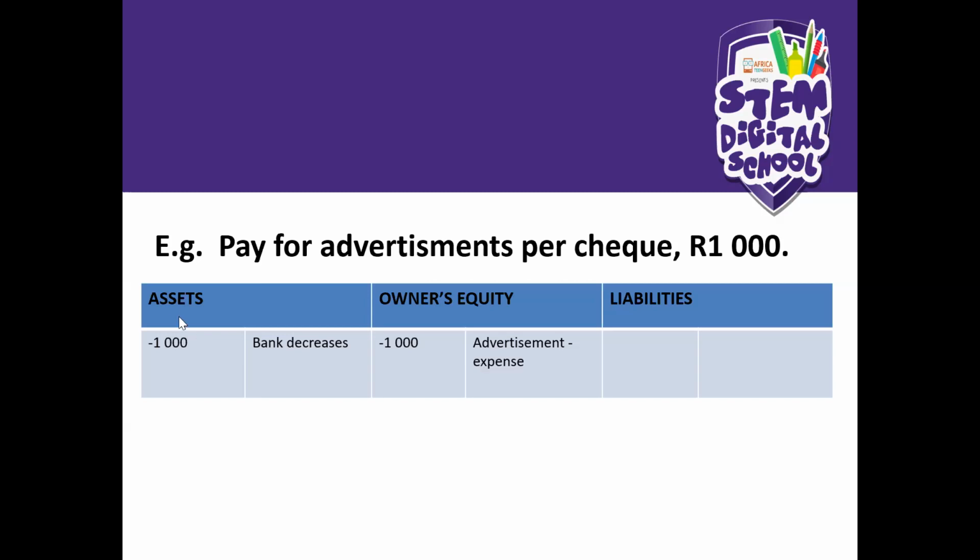Look there again with assets. What did you see with assets? It was minus 1,000 Rand. Minus. Now, if you don't know what to do with owner's equity, listen now. What you do with assets, you're going to do with owner's equity.